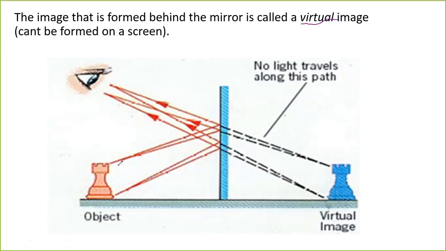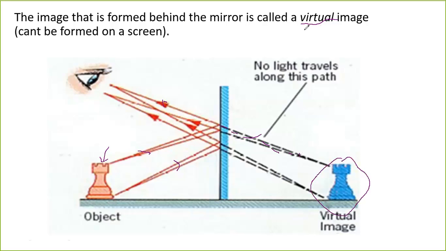What the rays actually do, so we have a person and they're looking at this chess piece through a plane mirror. The light rays strike the mirror and then they bounce off and enter the person's eye. But if we trace back the path of those reflected rays, we're going to find that they all meet up at the same place behind the mirror. Okay? Now, there's no light actually passing through there, and there's no object behind there.